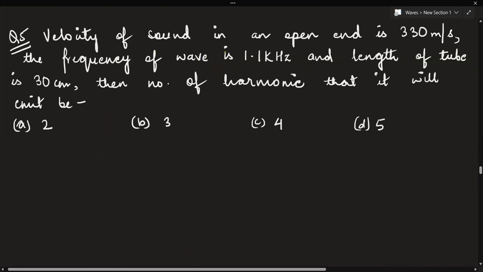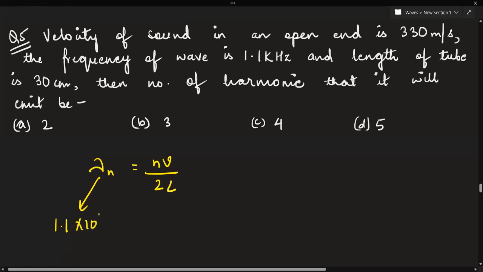See, velocity of sound in an open organ pipe, open end is 330 meter per second and the frequency is 1.1 kilohertz. And the length of the tube is given, we have to find out the value of n. So this is also very easy. Frequency for nth mode is nv divided by 2l. Okay, now see, frequency for this open end is given, 1.1 kilohertz.